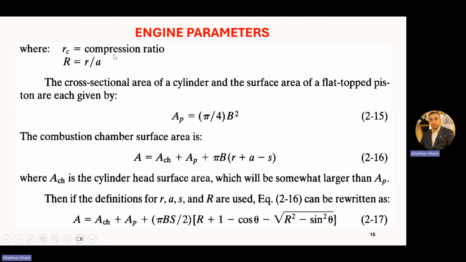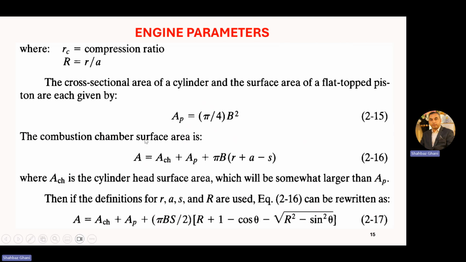Now, where RC is the compression ratio, R is the ratio of the connecting rod length to the crank offset, the cross-sectional area of the cylinder and the surface area of the flat top piston are each given by AP, which is pi by 4 B square.